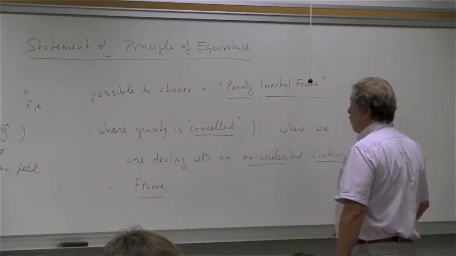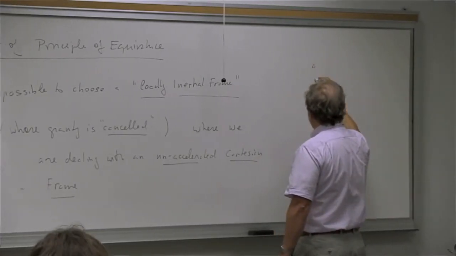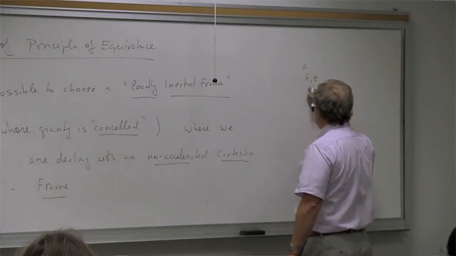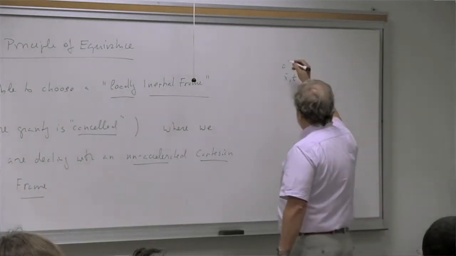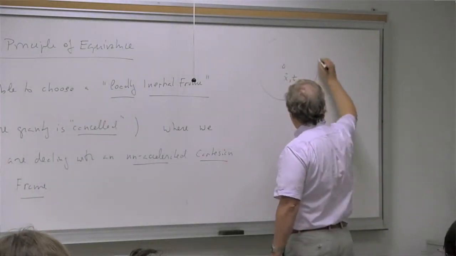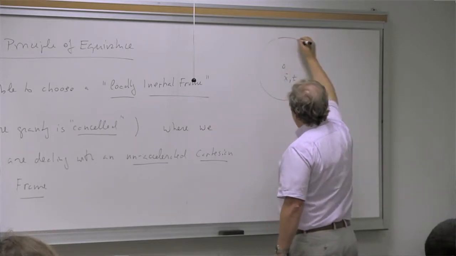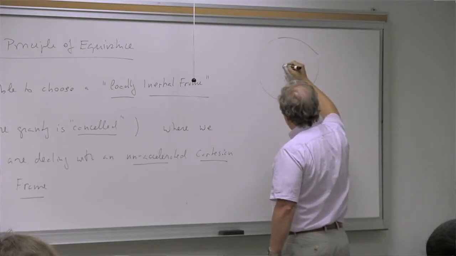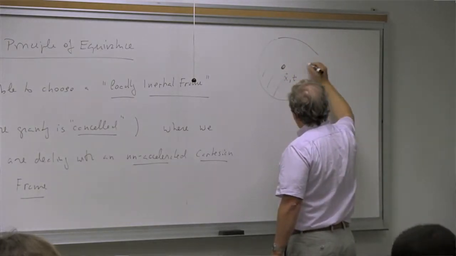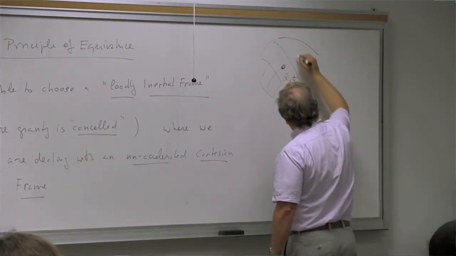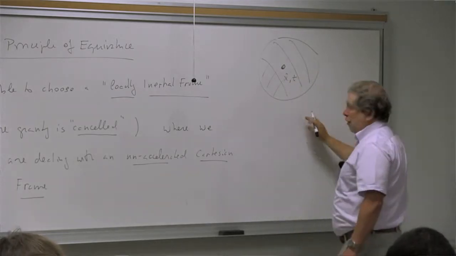Right? So the picture we have, let me draw it out on this side, is that we have a point in space-time, x and t, and that point will be in some gravitational field. And there is a region of space-time around this point where we can choose a coordinate system which is Cartesian.